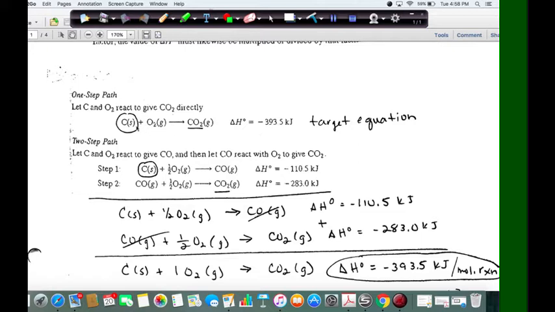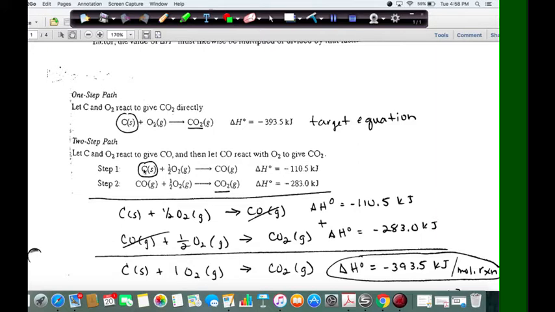So I'm going to look for something on the left side of my target equation, and I see carbon as a solid. Pay very close attention to the state, solid, liquid, gas, because they can mess you up sometimes. I look in my steps for a carbon that's a solid on one side of the equation or the other, and I find it here. So these two match up.